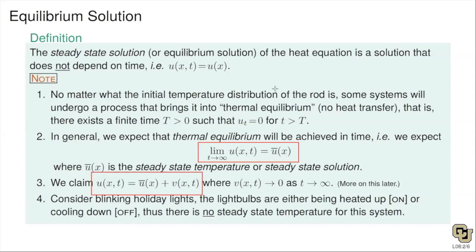Okay, so in our model, this part is very subtle, and of course we'll come back to this many times. In our model, we will assume the temperature U in our PDE has this type of structure, where it has U bar of x, which is the steady state solution, the long-term temperature behavior, plus what we call a transient solution. V of x, t, we'll call the transient solution, and it accounts for the short-time behavior of the temperature.